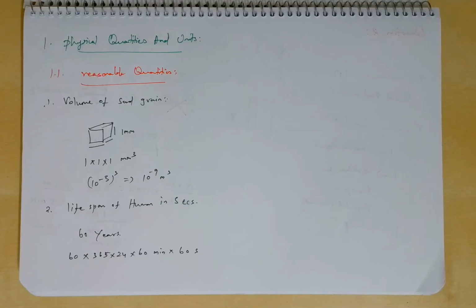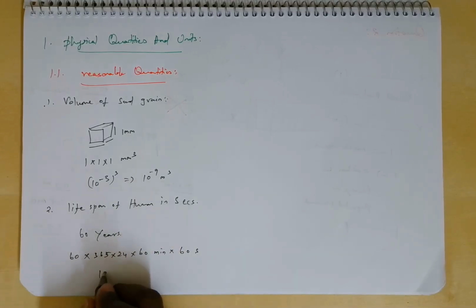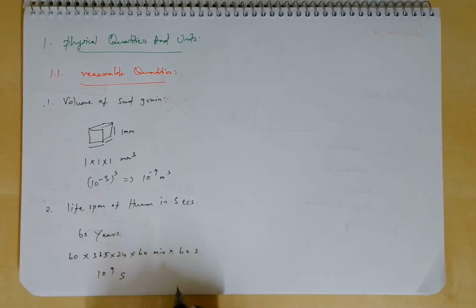So you will get approximately 10 power 9 seconds. They will not give you very close values such as 10 power 10 or 10 power 8 second. They will give like 10 power 9 second, 10 power 18 second, 10 power 20 second. Figuring out this 10 power 9 is very important in this one.